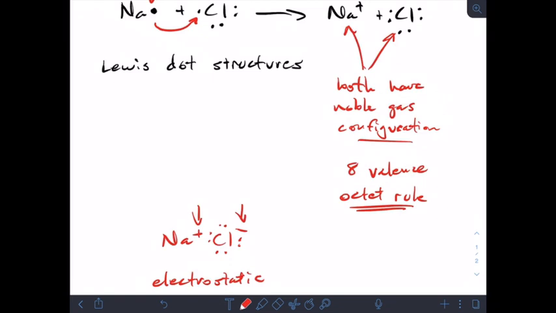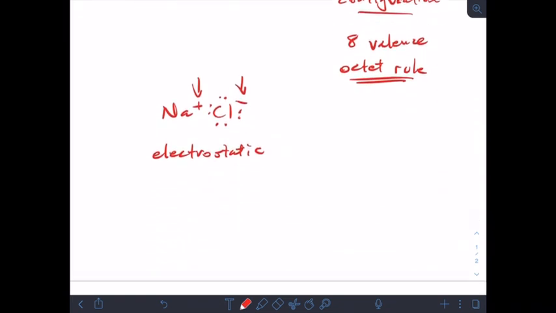Electrostatic attractions. Okay, so this is why ionic compounds form: they transfer electrons, and then that positive and the negative stick those two ions together, and then you start to form crystals and all kinds of wonderful things.